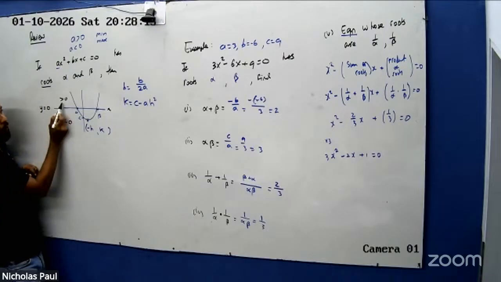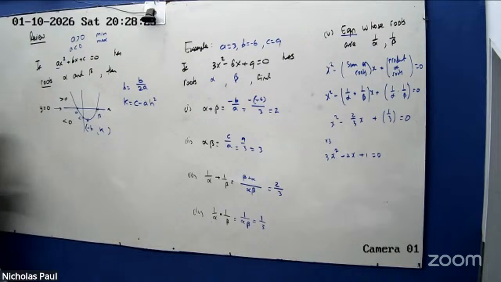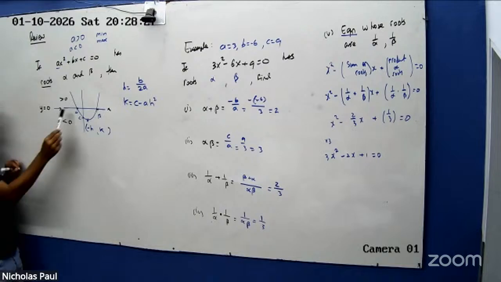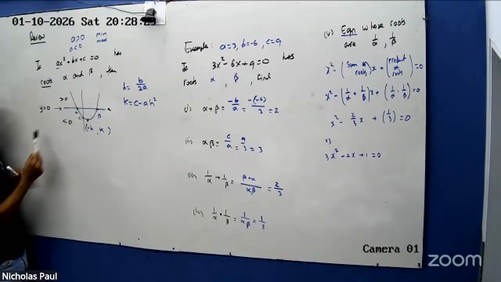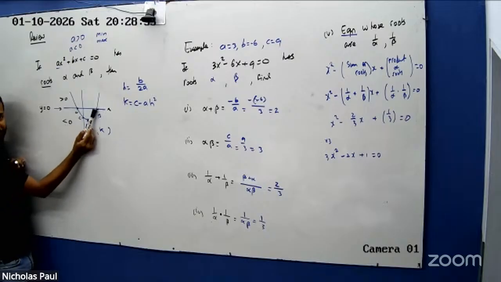Now, we're going to be interested in the values that cause it to be more than 0 and the values that cause it to be less than 0. You'll see the part of the graph that's more than 0. That's here and here. That's okay? You'll see the part of the graph that's less than 0. That's here.